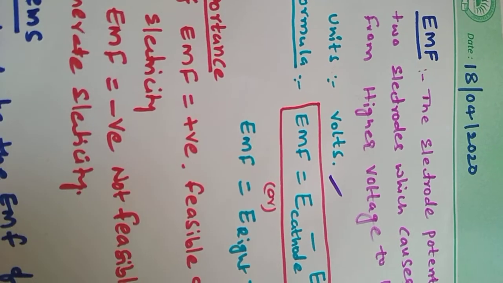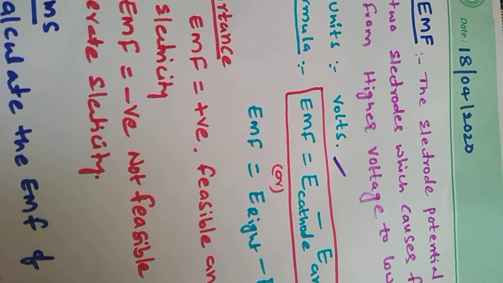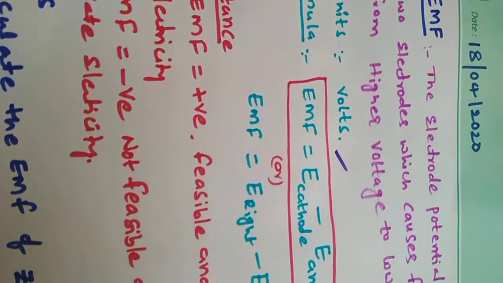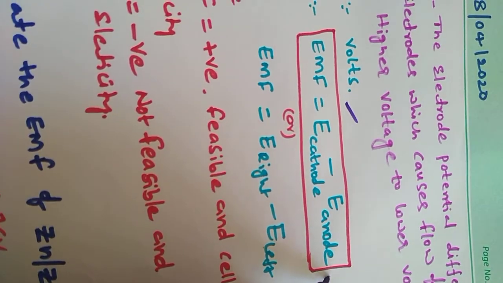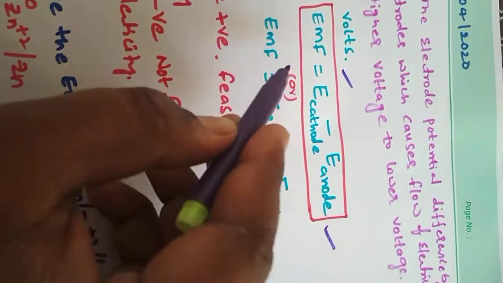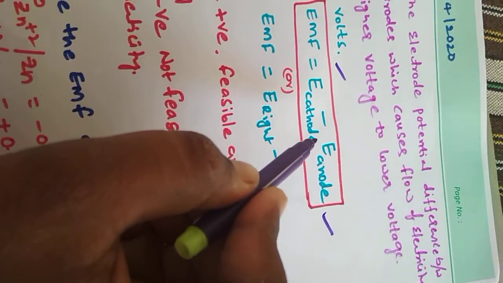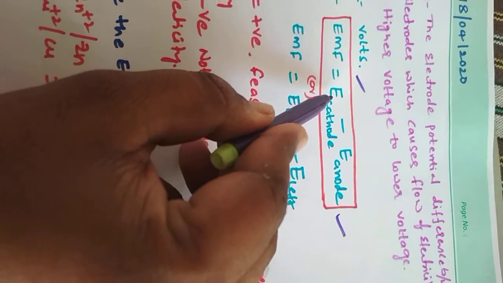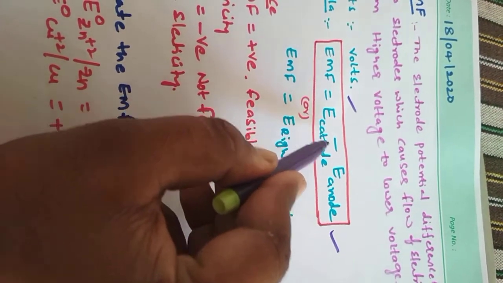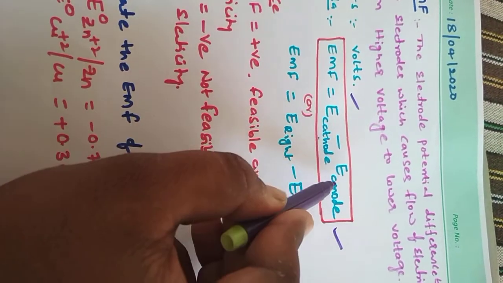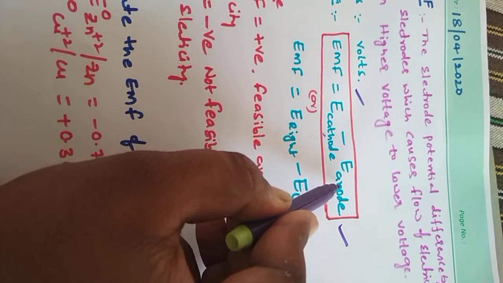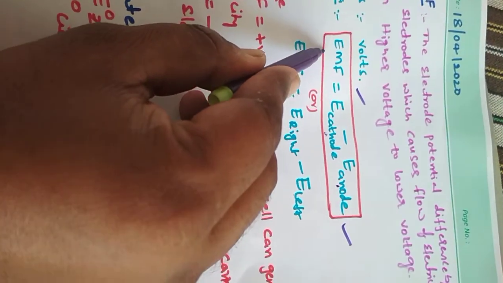Okay, and how can we calculate the EMF? According to our definition, EMF is the electrode potential difference between two electrodes, one the cathode and the other the anode.